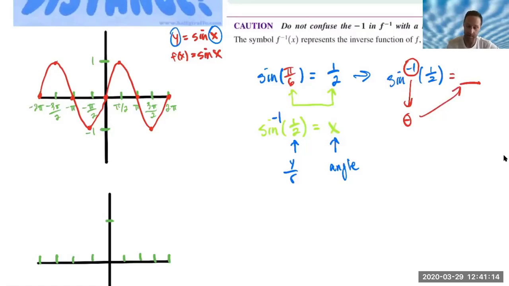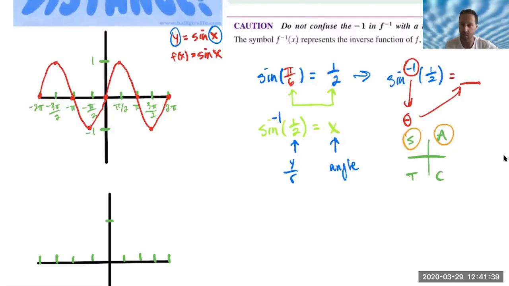Okay. Now, a situation occurs when we think about this a little bit deeper, that we know that all students text in class, right? Hopefully not. But there are two places, unfortunately, where sine is actually going to result in positive outputs, ratios.